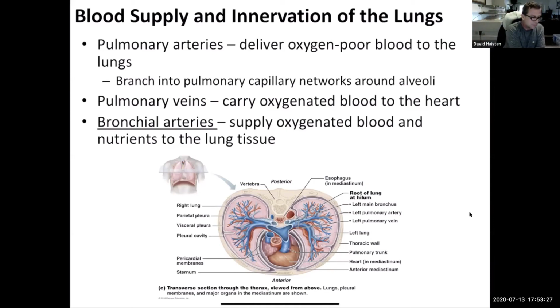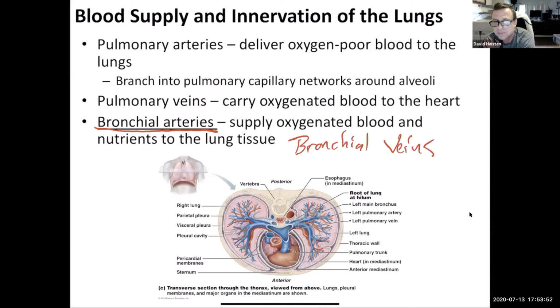So the bronchial arteries supply oxygenated blood and nutrients to the lung tissue itself. What's going to return deoxygenated blood back to the heart in the systemic circuit? The bronchial veins. So you have all that going on.